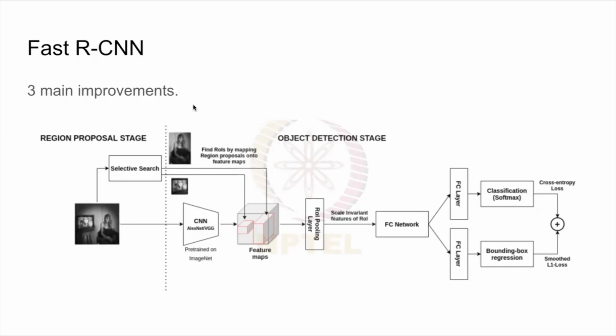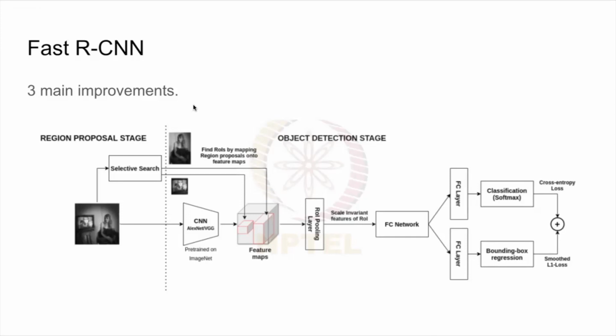Okay, starting with the first, RCNN, there were specifically three improvements over the RCNN network, the region proposal CNN network. The one thing is there is selective search, which was tedious.